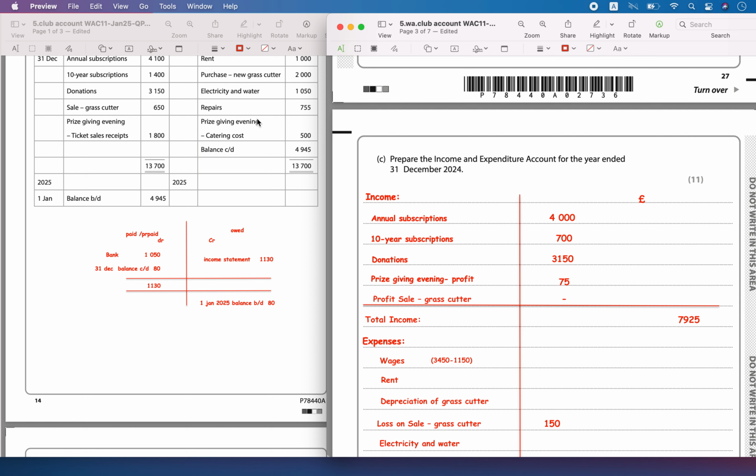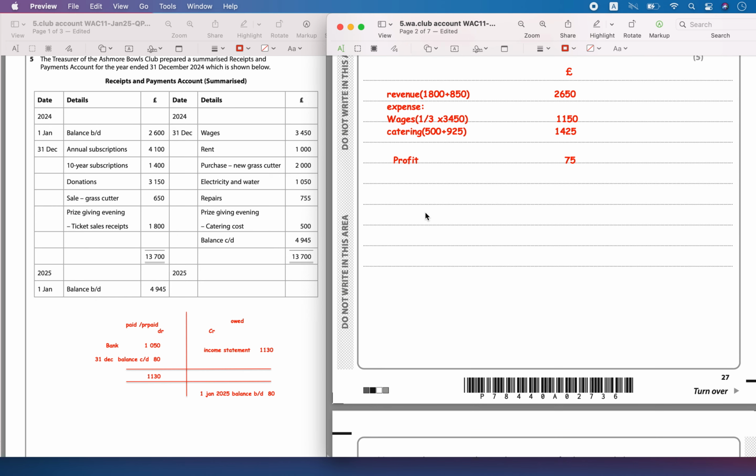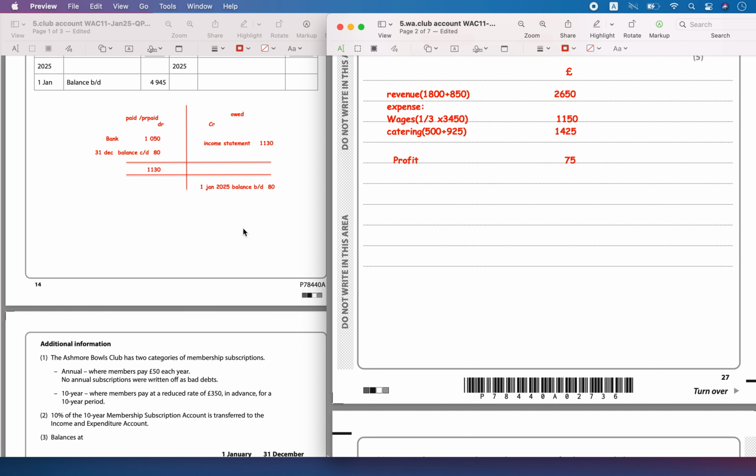So the total wages paid was 3450. Okay, and he says that 1/3 of the wages was used in the prize giving evening.